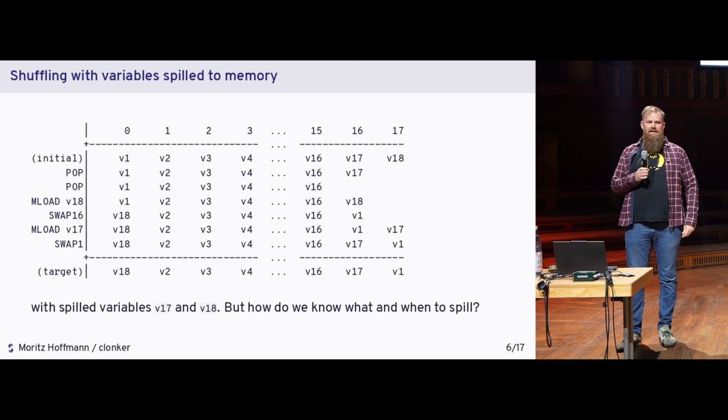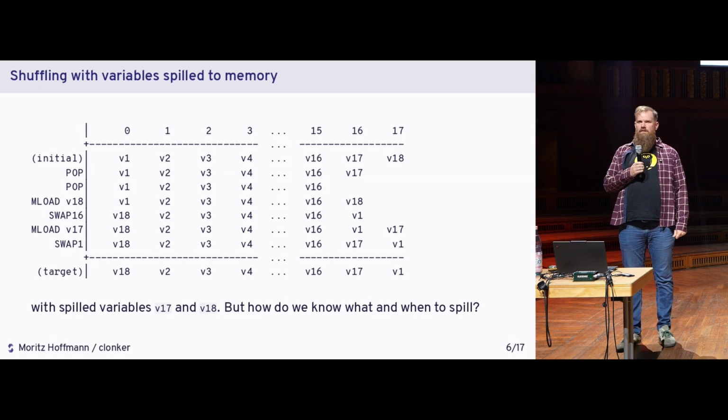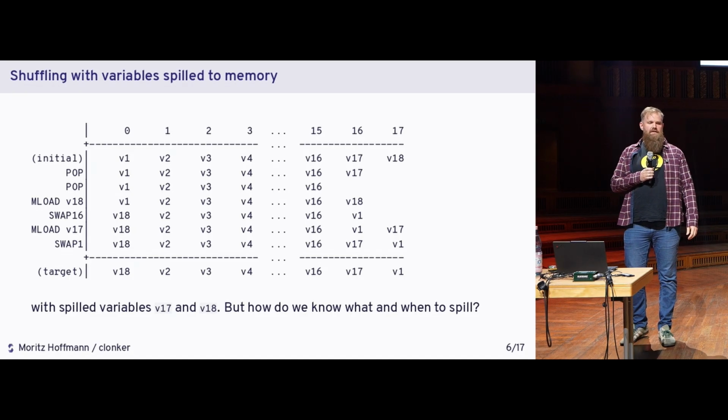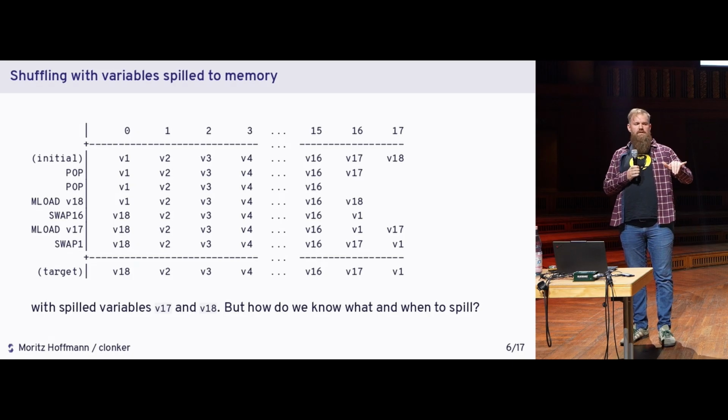So here is this example explained if we did have memory spilling. Supposedly we have spilled the variables V18 and V17. In order to swap around V1 and V18, we would first pop V18 and V17, which frees enough space to perform the SWAP16, which brings V18 down to the last slot.